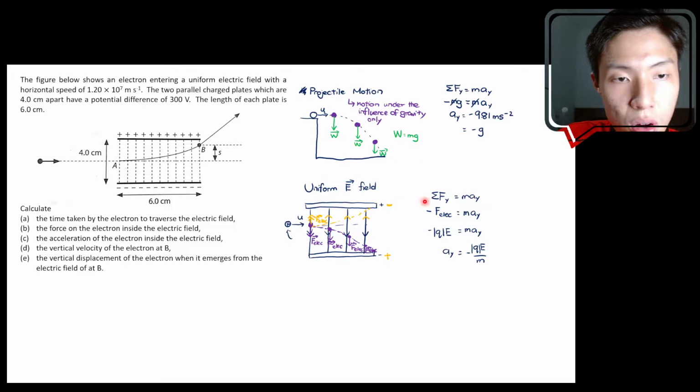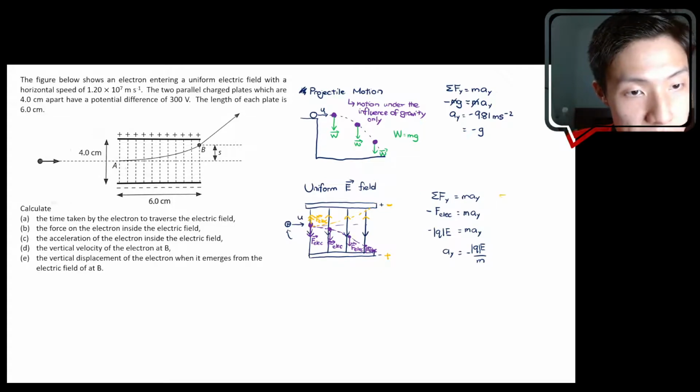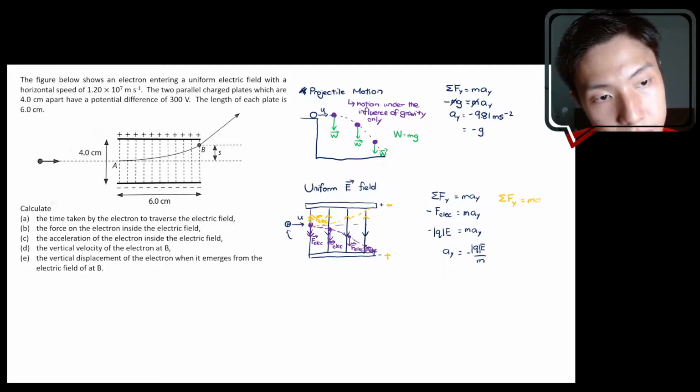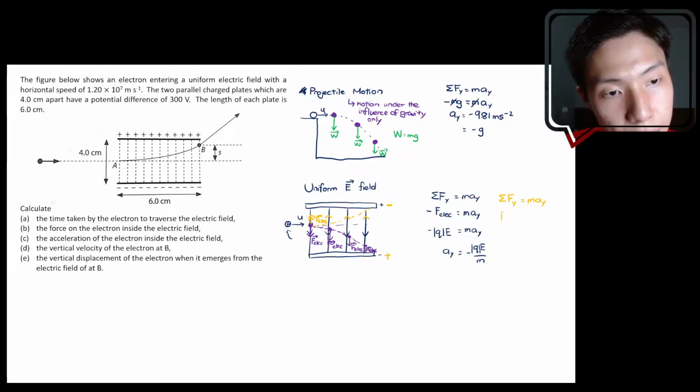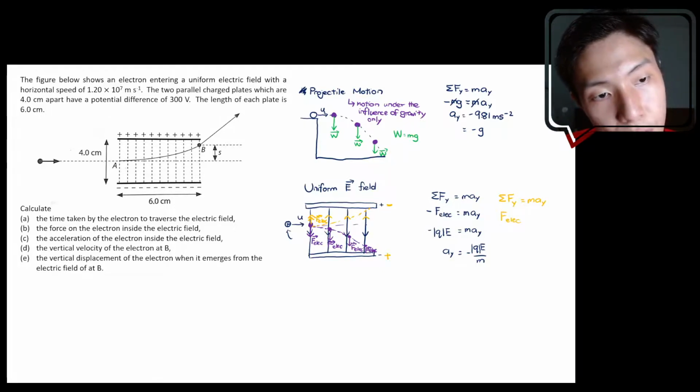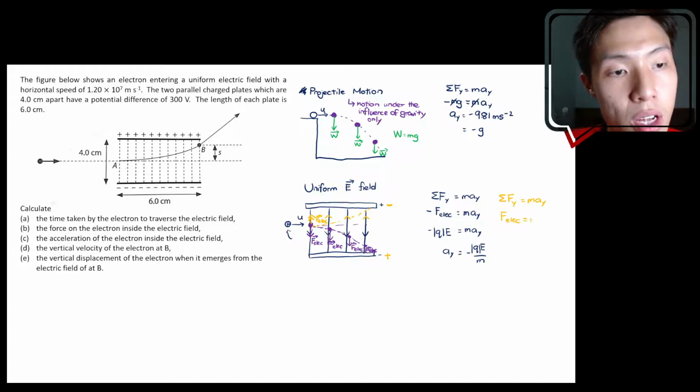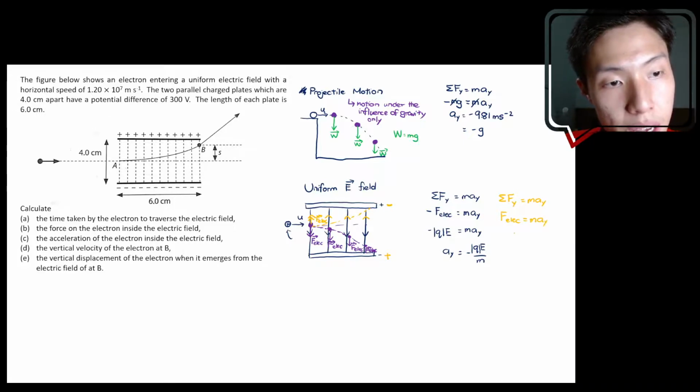So for the orange situation, the sum of Fy will be equal to may. Then it will be F elect. The electric force is now pointing in the positive direction, so you don't need to include a negative sign here anymore. And it will be equal to may.